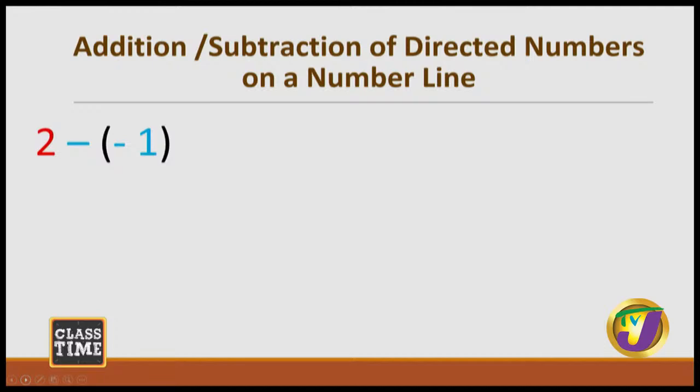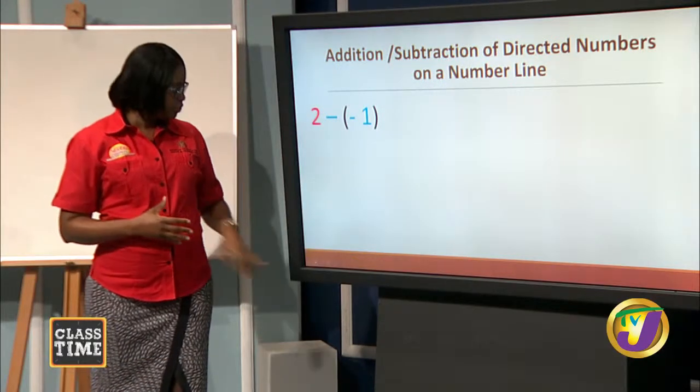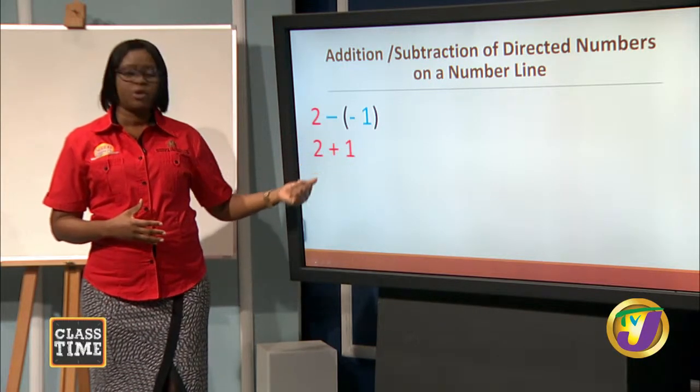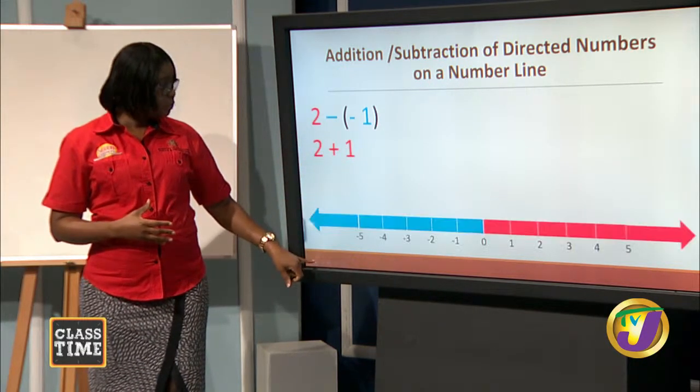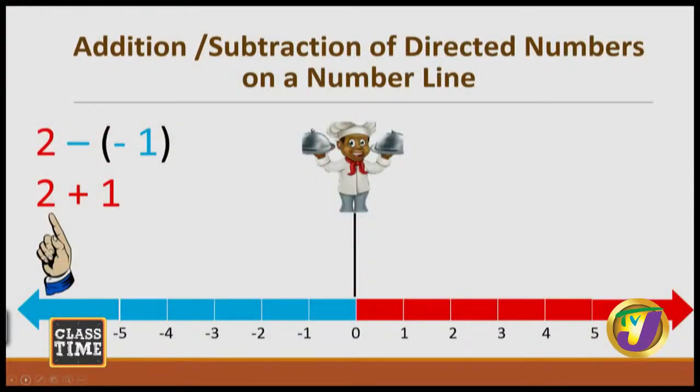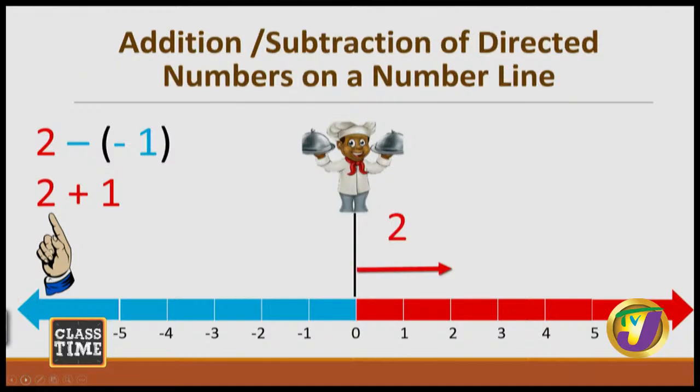So whenever we have an increase, we do addition. So it therefore means we end up with 2 plus 1. So we'd find positive 2 on our number line, and add 1. So that would give us 3.